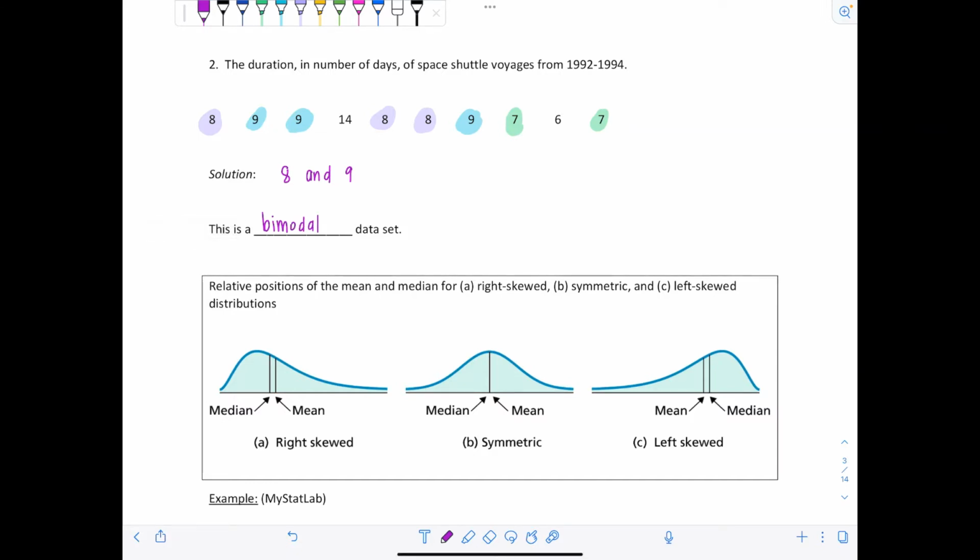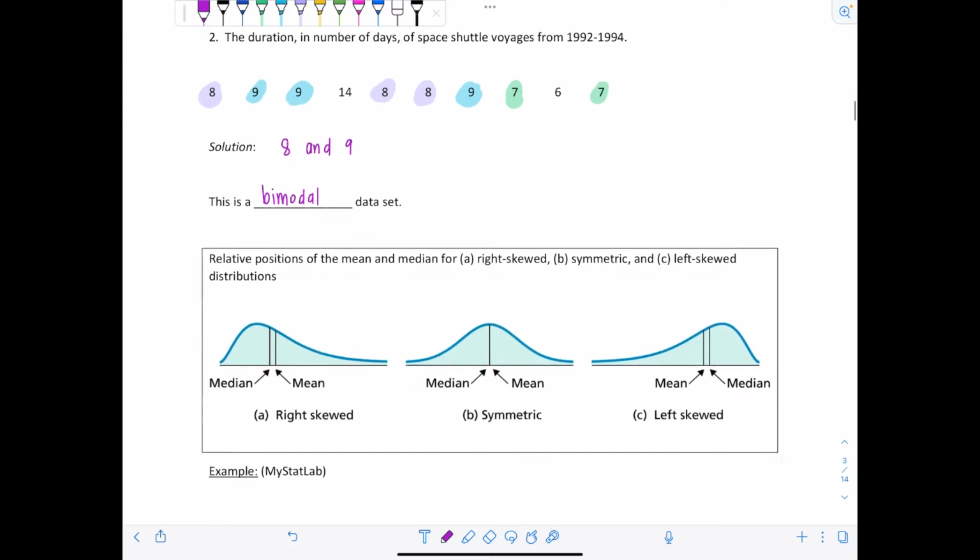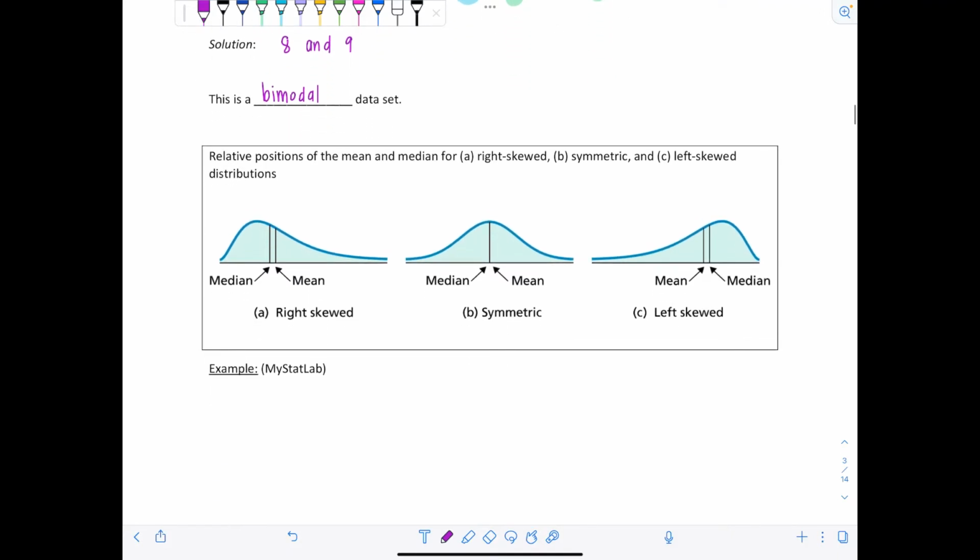All right, very good. Now, one other idea I want to go over is that we've talked about distribution shapes and how data isn't always evenly distributed. It can be symmetric, but sometimes it can be skewed, left skewed, right skewed. We've looked at that. So what I want you to see is when the data is right skewed, remember that we have a bunch of values trailing off on the right, that means that the median is going to be less than the mean.